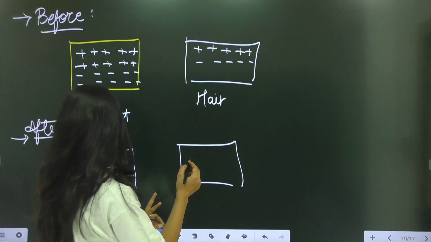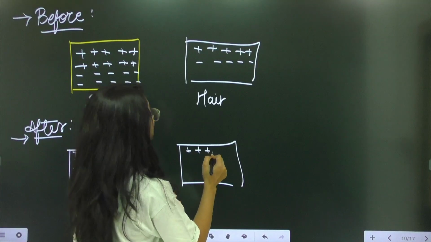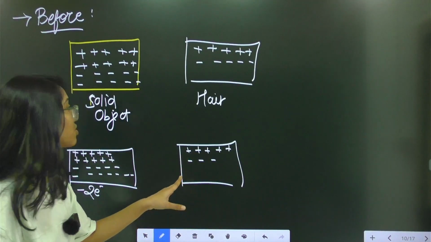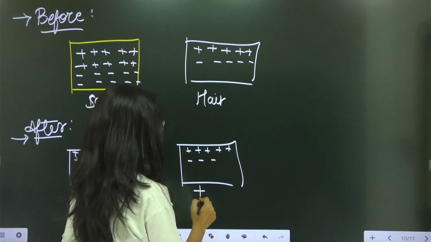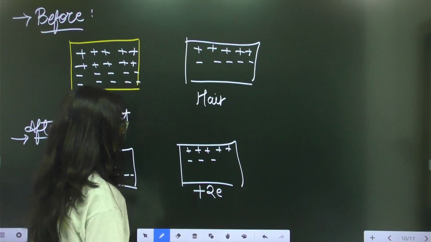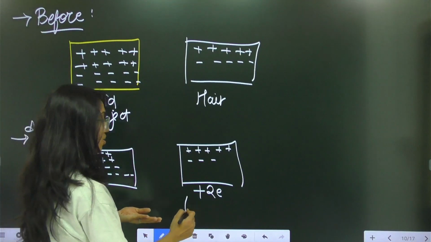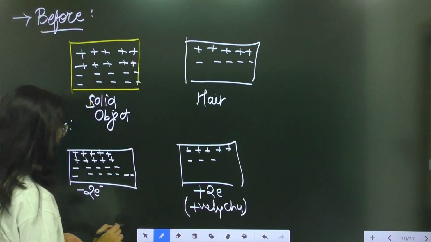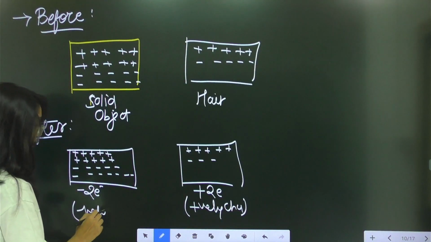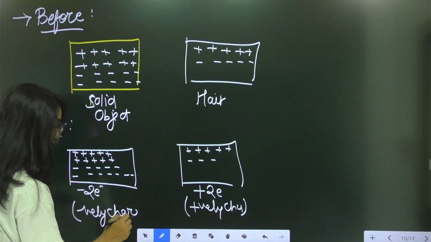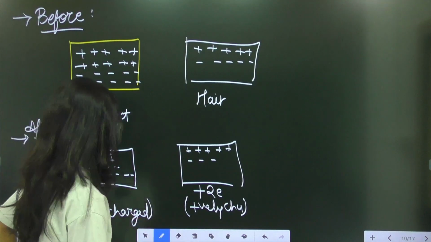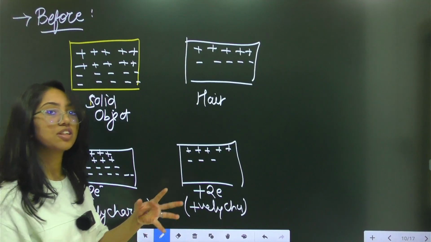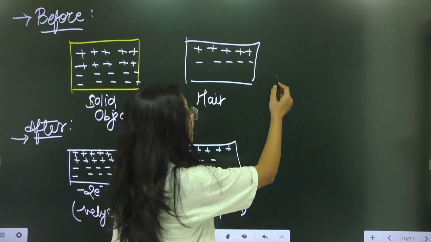And 1 2 3 4 5 and 1 2 3. There is a loss of 2 electrons, so it will be plus 2 electrons, right? So here it's positively charged and the other is negatively charged, right?